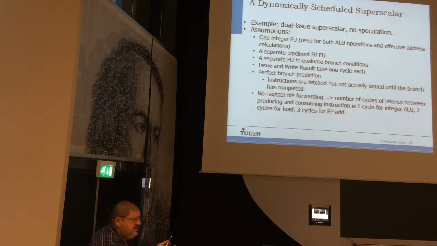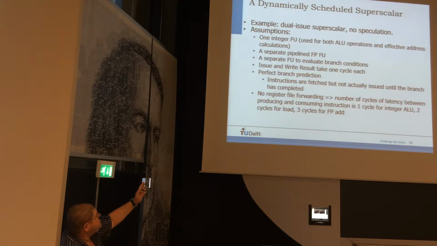Now, there is an example here which is good to follow a bit because it's telling us something about what will happen when we assume a certain architecture. This is an architecture where we have a dual issue superscalar. It's dual, but it's dynamic. Then I'm doing dynamic issue. I'm not doing speculation.